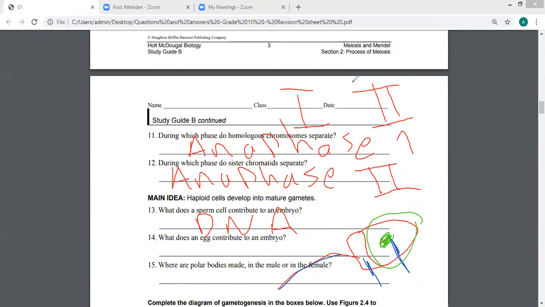Okay. Number 14. What does an egg contribute to an embryo? It seems like the last question, but the answer will be different if you know. The sperm contributes just DNA, while the egg contributes what?